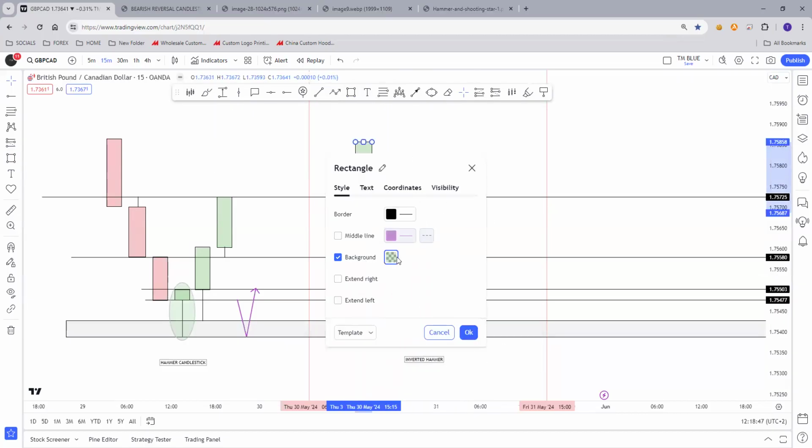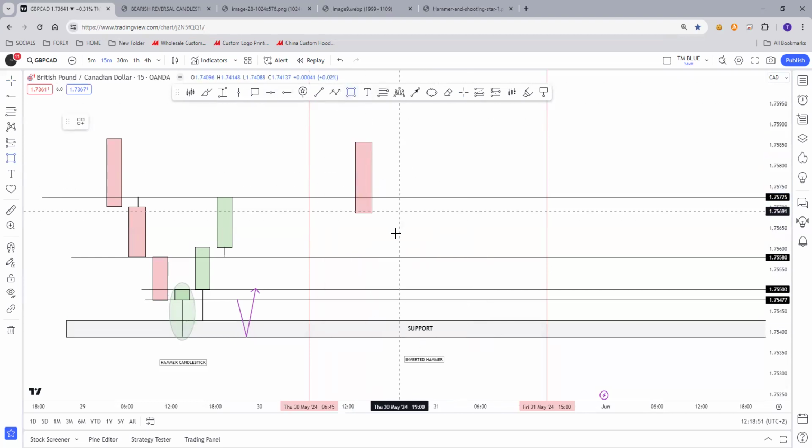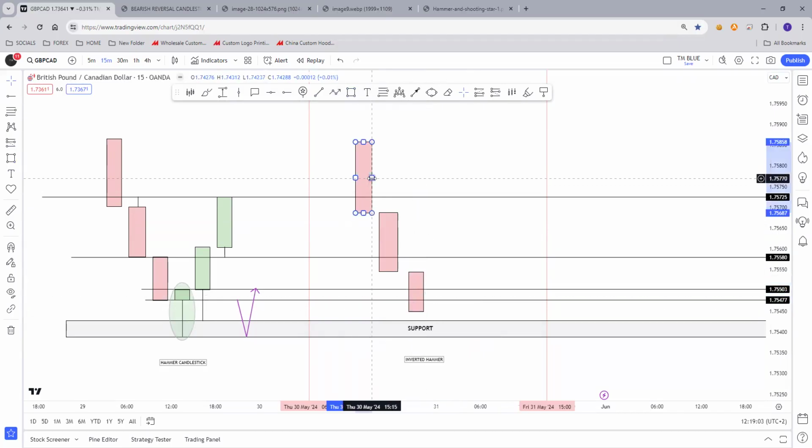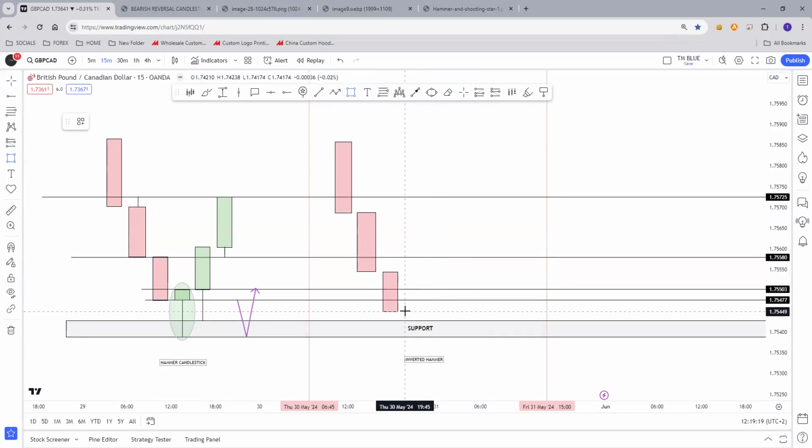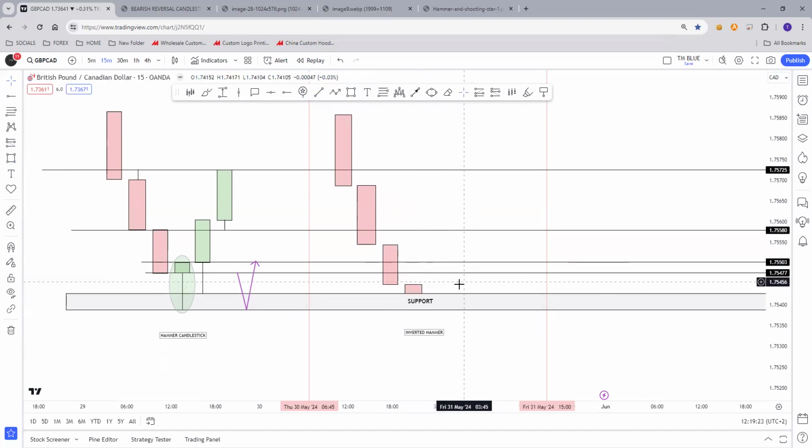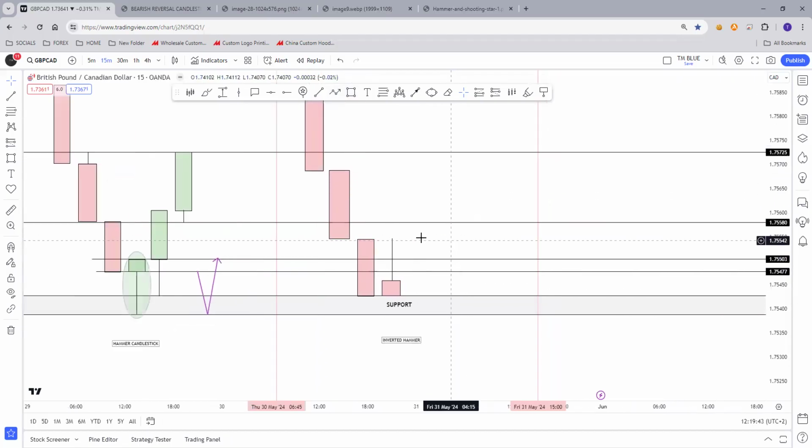We'll find a way to illustrate it afterwards. All right, perfect. So here we go.